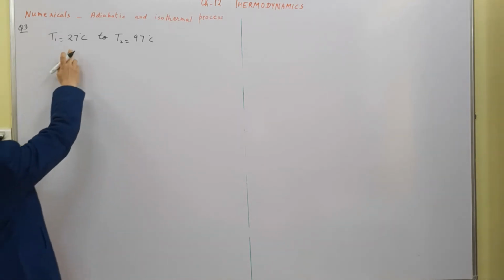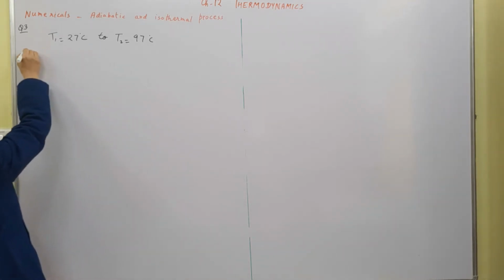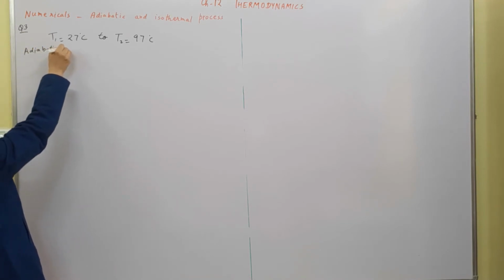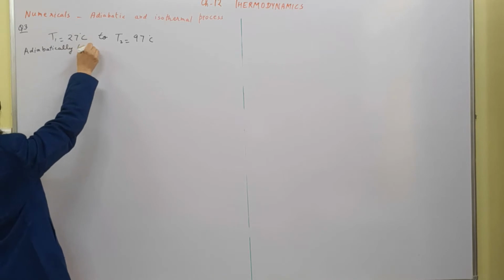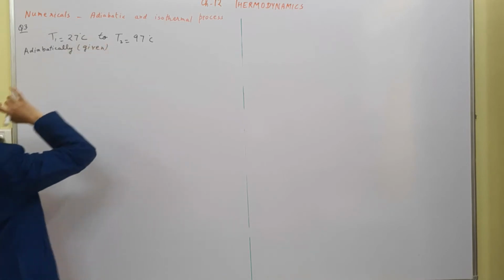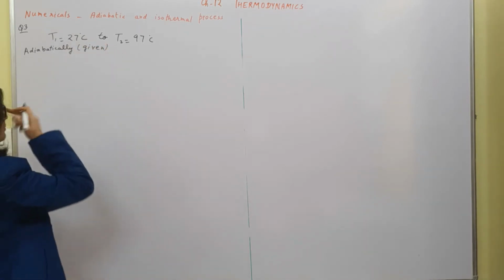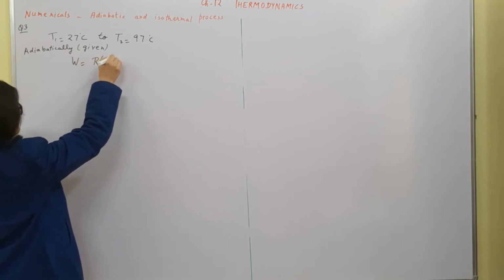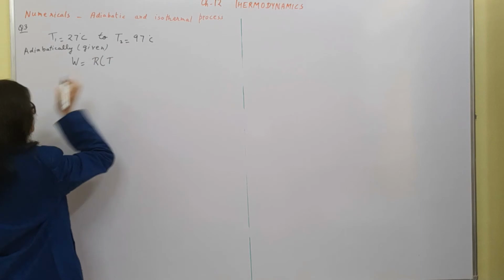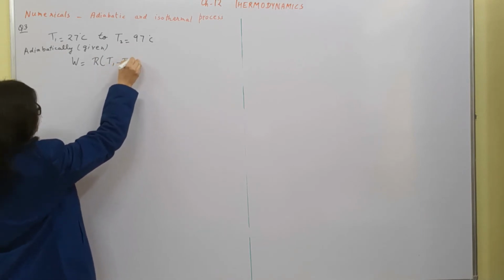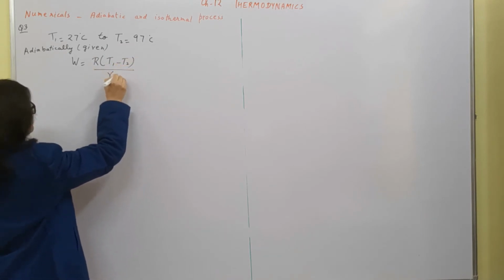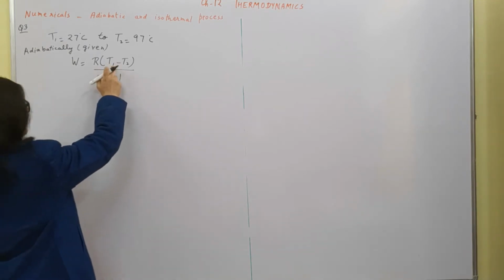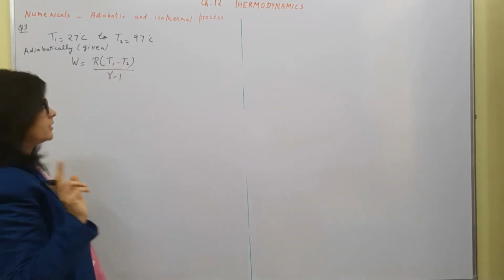So we know that this is done adiabatically, which is given. So the formula for work done in an adiabatic process is this. We know the value of this, and here the difference of temperatures is taken.